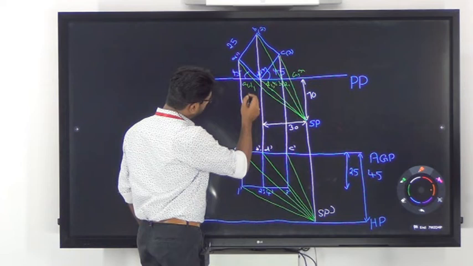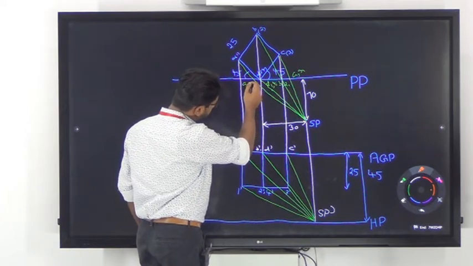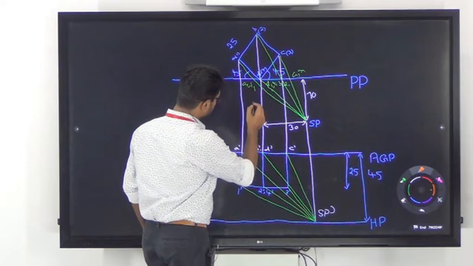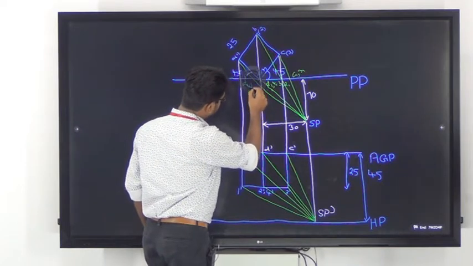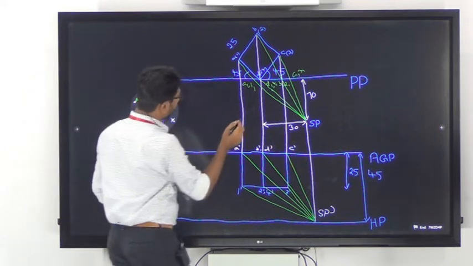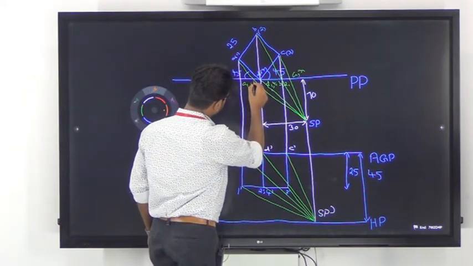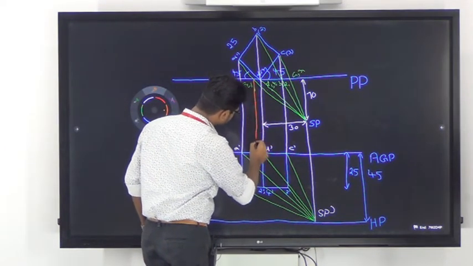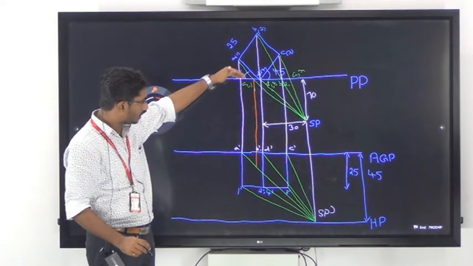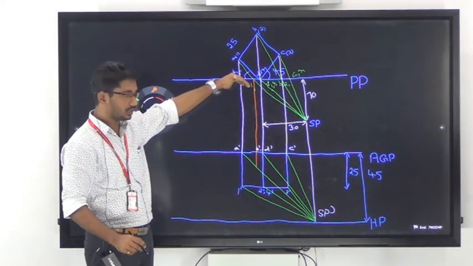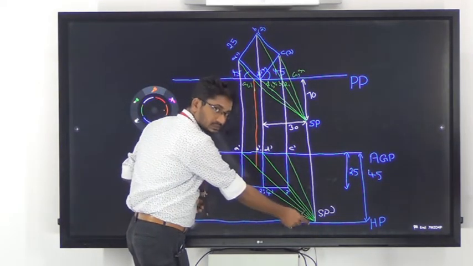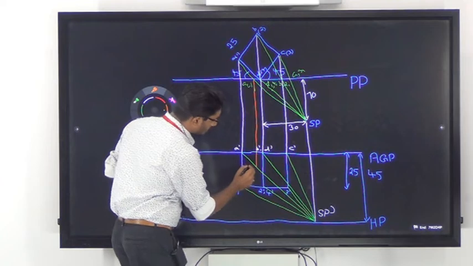That projector will meet the line joining A dash and SP dash at the point capital A. So capital A will be a point on the perspective view.